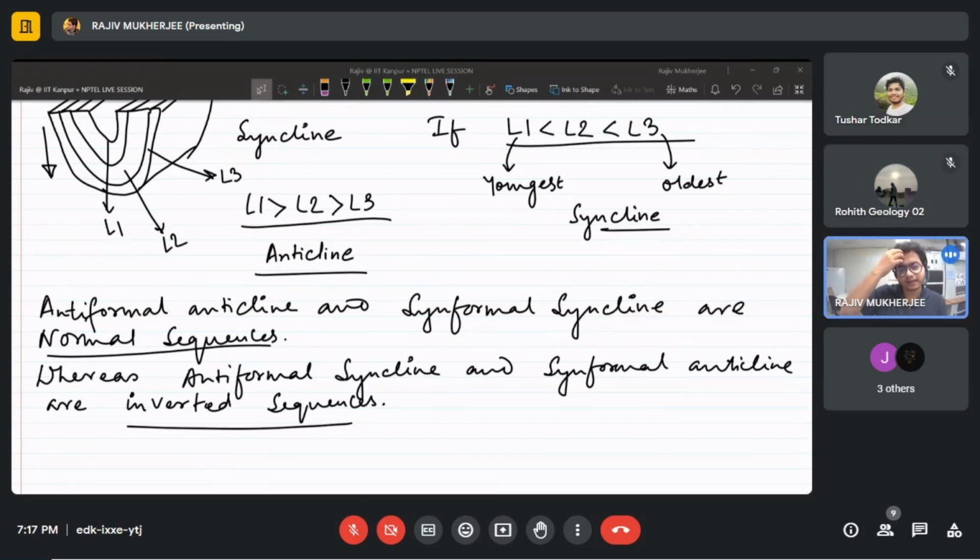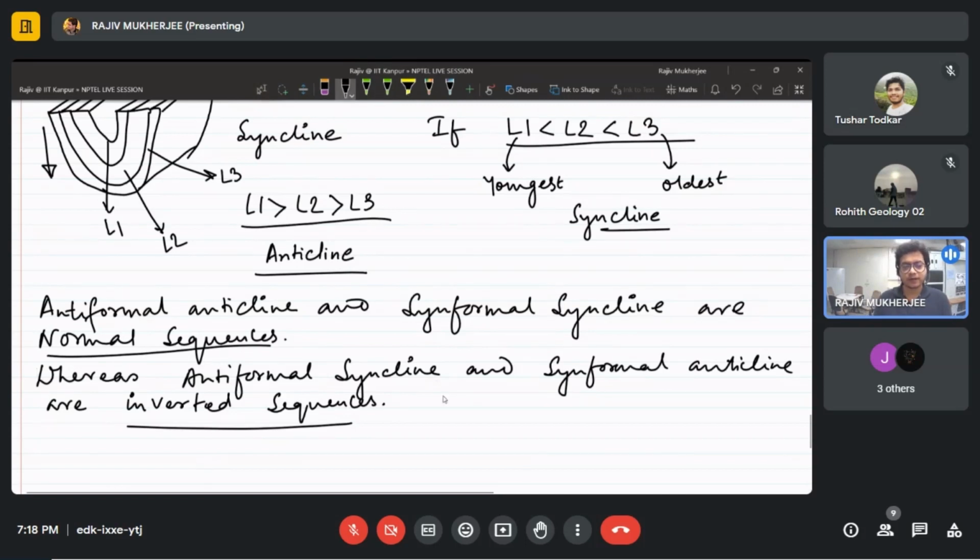So since these are the inverted sequences, we should expect truncated top at the bottom and asymptotic bottom at the top. These kinds of structures we can observe there, right? So this is the importance of this utility.